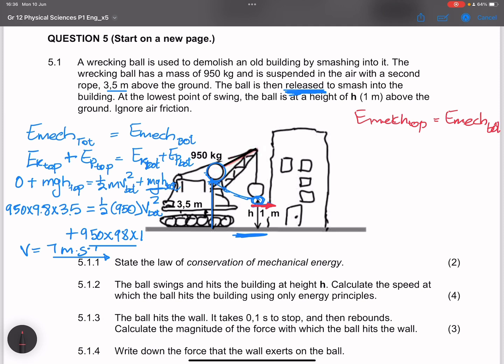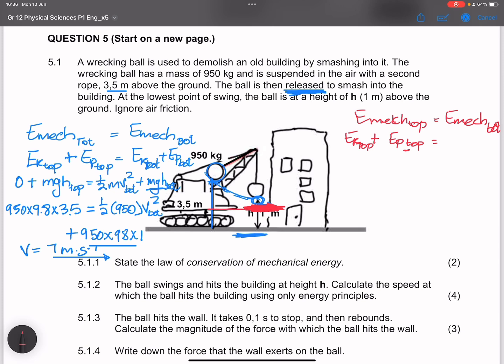Now note, if I use that point, where it arrives at the building, as my reference, then firstly my EK at the top is again going to be 0, plus EP at the top, which means the potential energy at the top relative to that point is only 2.5 meters.